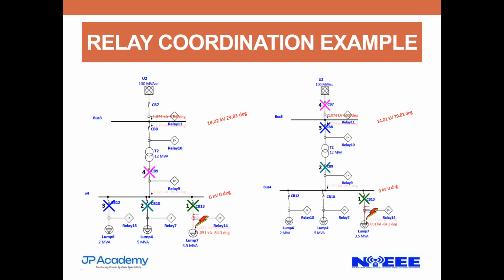Who will back up? So if there is a fault at this point and we are saying this should become a backup relay, we are wrong. That is why this is correct.